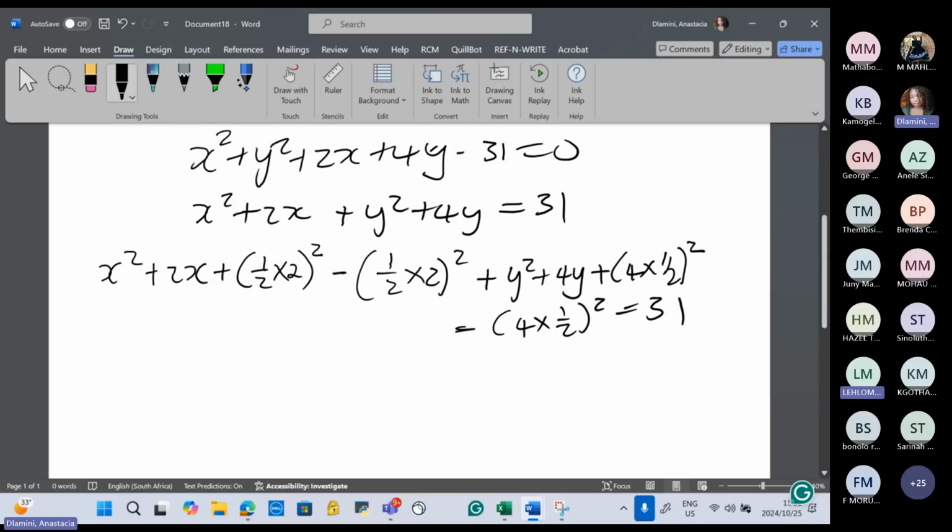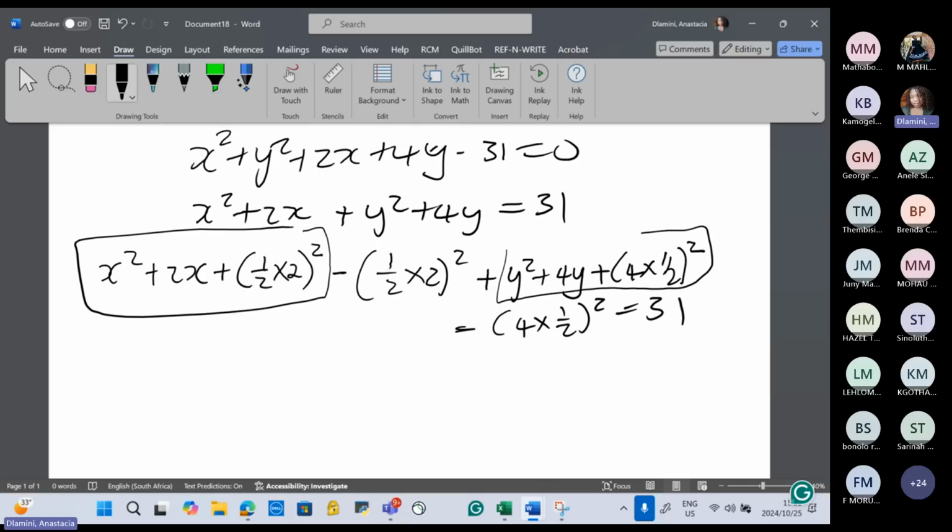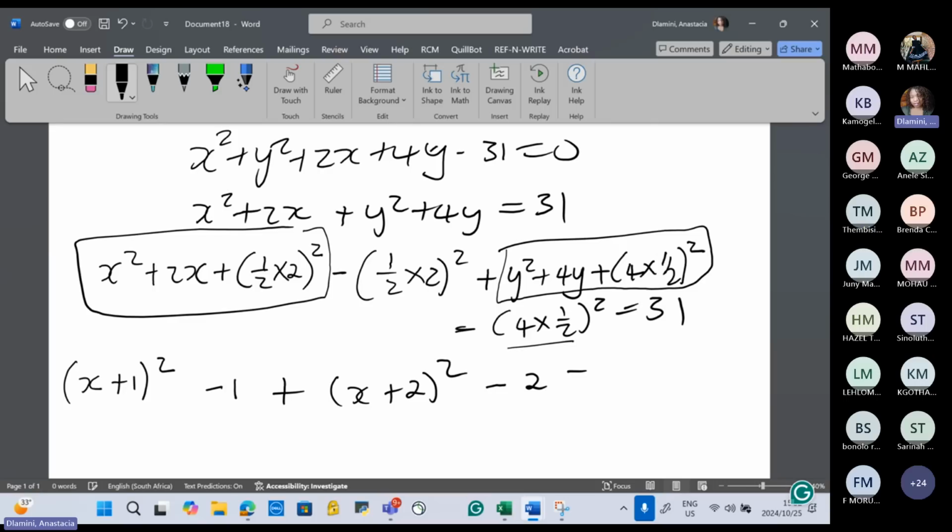Now you factorize. This becomes x plus 1 squared, then minus 1, then plus y plus 2 squared, minus 2, equals 31.